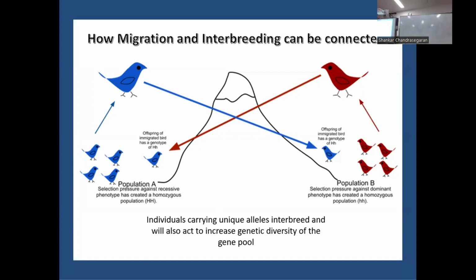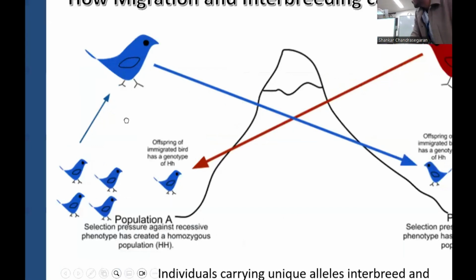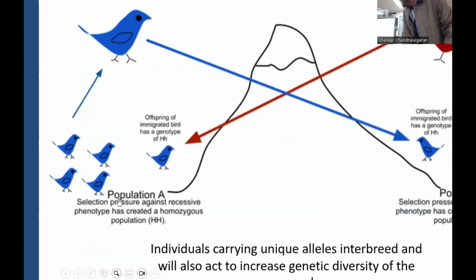So for example, let's look at this bluebird, right? Once this bluebird immigrated to population B, it will breed with the birds in that population. The alleles for the bluebirds are homozygous dominant, HH.